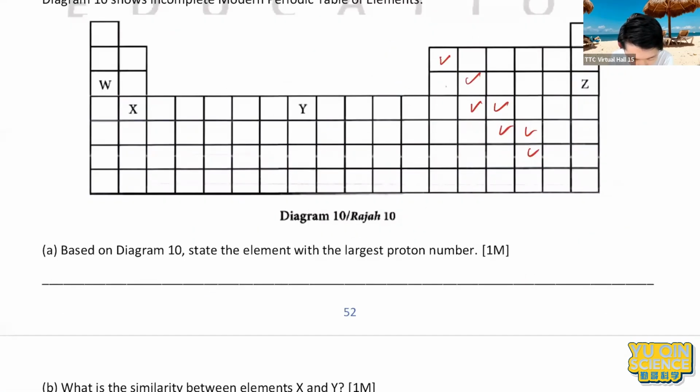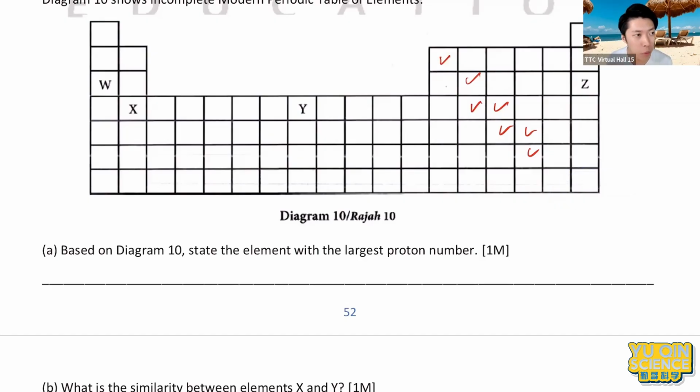Question 8. State the element with the largest proton number based on the alphabets that we have: W, X, Y, and Z. Which one has the largest proton number? You all know the table is arranged by proton number, right? Number 1, 2, 3, 4, all the way down to the last box. So you should go in sequence.